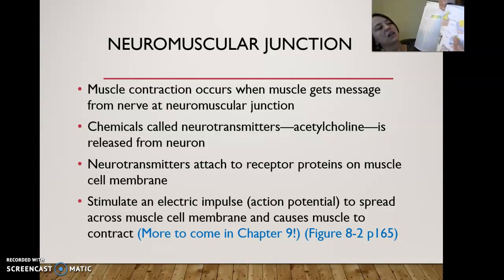And then in C, you can see the neurotransmitters are going to the receptor proteins on the muscle cell membrane. And there's a big picture of that in D. And then E actually shows a real picture of it. It's an electron microscope photograph of the neuromuscular junction. And you can see all those mitochondria in there because it takes a lot of energy.